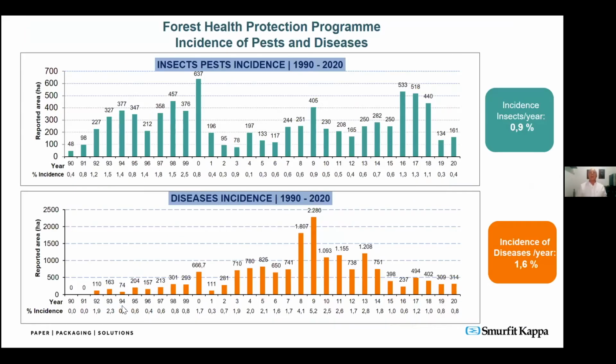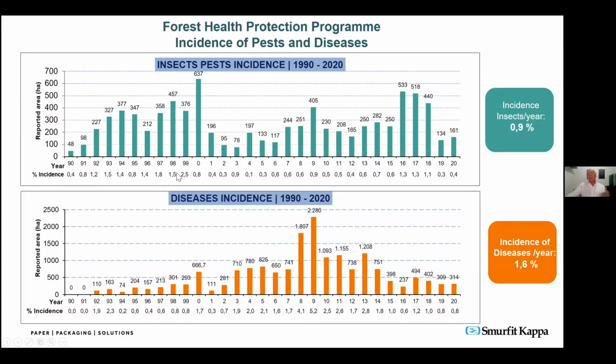Just to understand how is the movement of these pests and diseases through the years, you can see here that from 1990 to 2020, this is the record of reports per year in hectares affected by insects, and the insect incidence percentage, that is the result of comparing the affected area in each year to the total planted area.